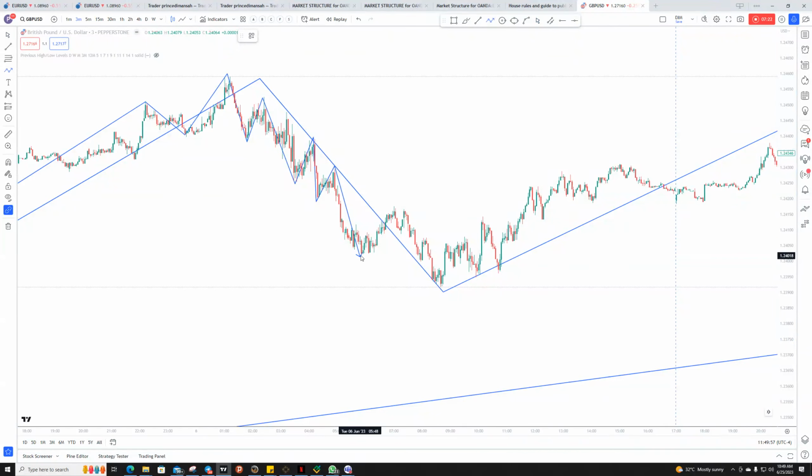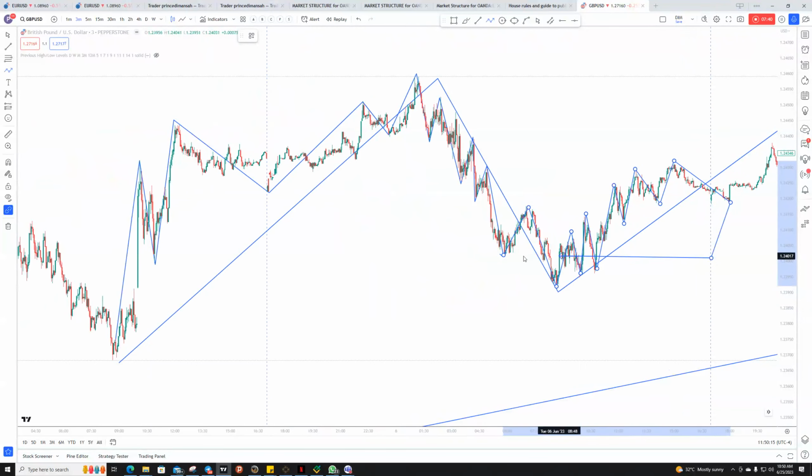We continue from here. So it went up, came down, went sideways. You see what it's doing? Came here, came down here, came up, went down. So it's just having those intermediate movements.